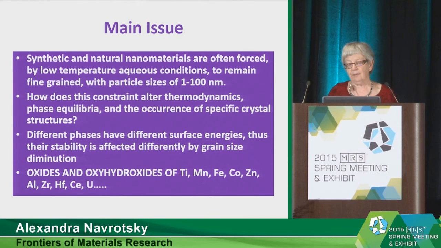And we have thermodynamic measurements in which we can now measure the surface energies of these materials, and we try to bring all of these things together. So these are the major issues. How does thermodynamics change at the nanoscale because of the different surface energies of different possible configurations of the system we deal with?